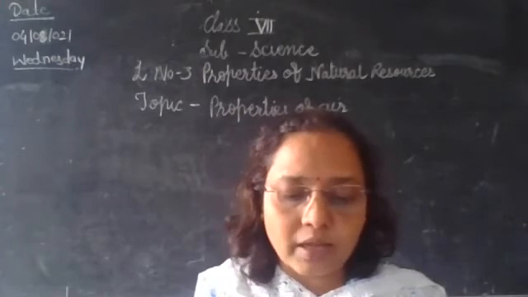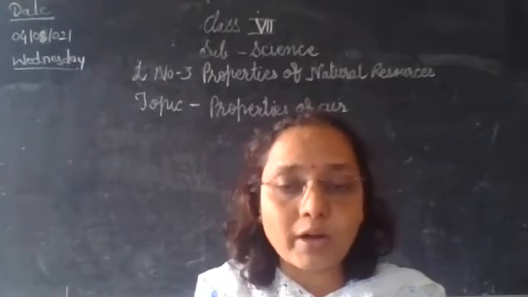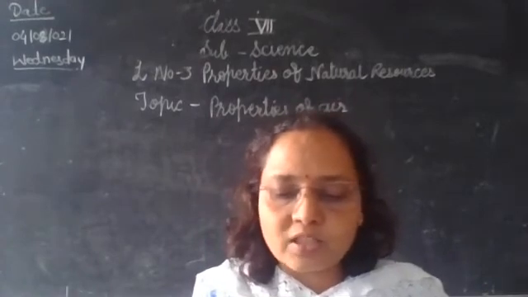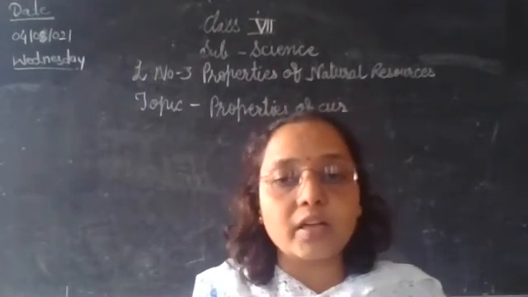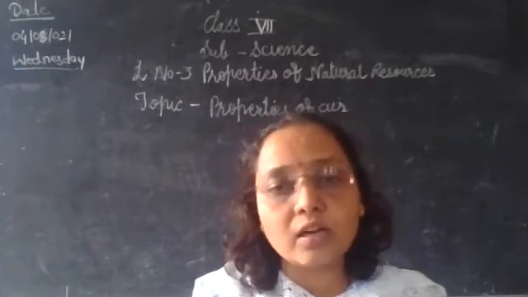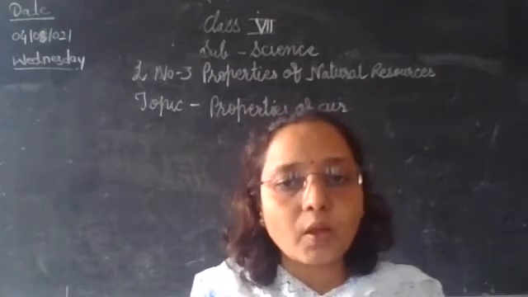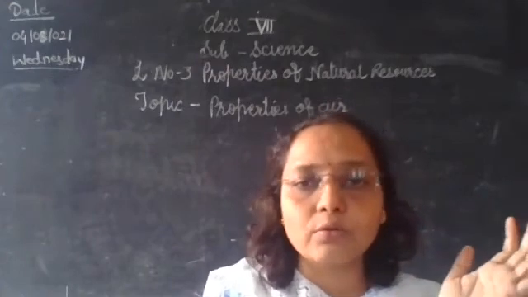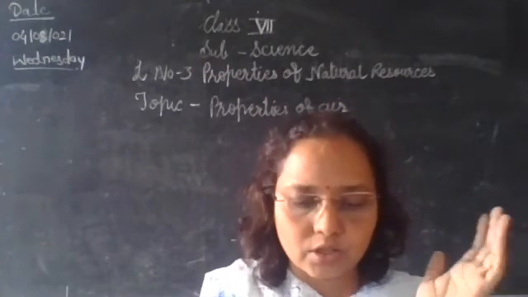Then another experiment, another activity: what happens when a change takes place in a balloon on filling air in it? When you fill air into the balloon, what happened? The air enters the balloon and the size of the balloon becomes larger.